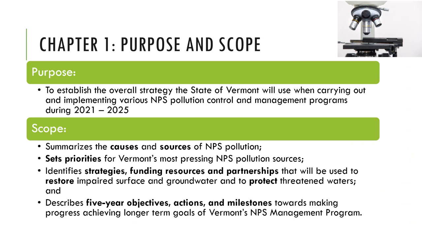So speaking of scope, it is actually quite a broad scope. The audience is really the EPA since they require the document, but of course anyone who's interested can view and review it.